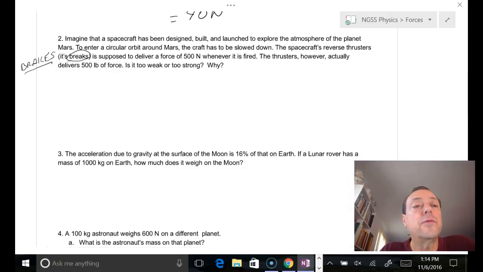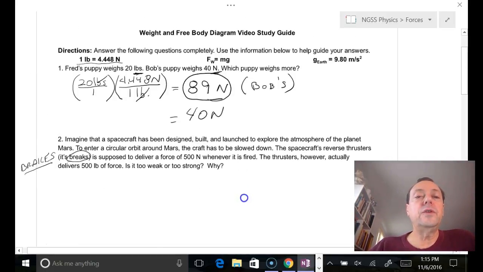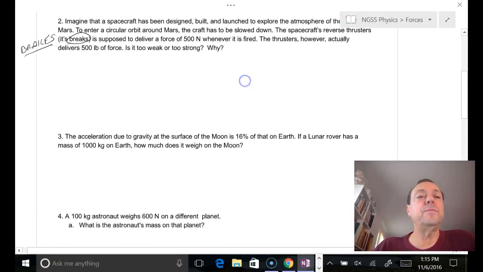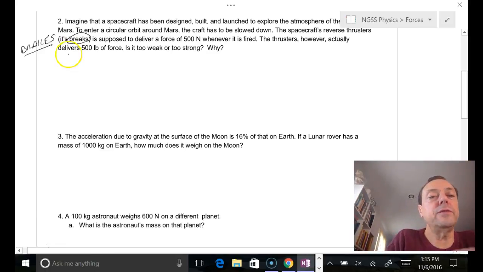The thrusters, however, actually deliver 500 pounds of force. Is this too weak or too strong, and why? Well, again, we need to either convert newtons to pounds or pounds to newtons. Since we just converted pounds to newtons up here, let's convert newtons to pounds.